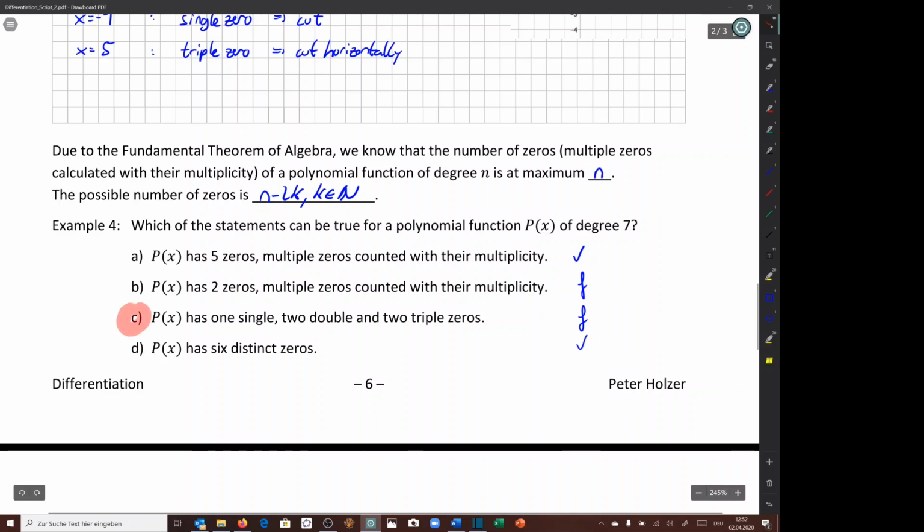C is wrong because this means that there are in total 11 zeros. Well, we know at maximum there could be 7 zeros. And D is correct because here the zeros are not counted with their multiplicity. It just says 6 distinct zeros. So this means there are 6 distinct zeros, 5 of them are single ones, and 1 is a double one.